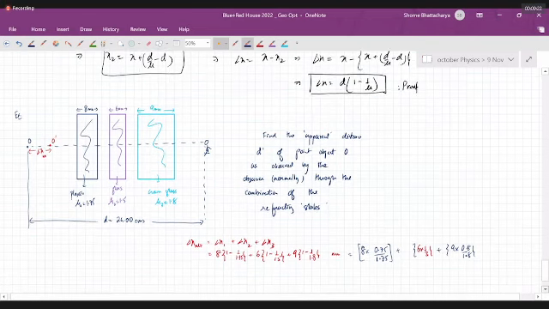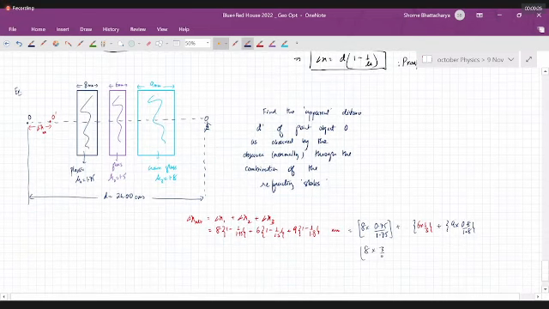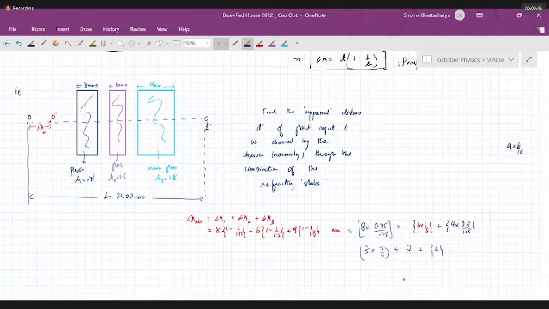8 into this is, plus 2 plus 4. 9.42. So 6 plus 8 into 3 by 7.